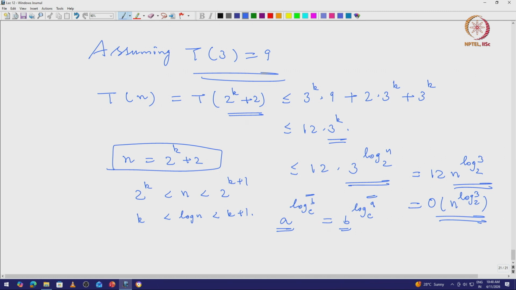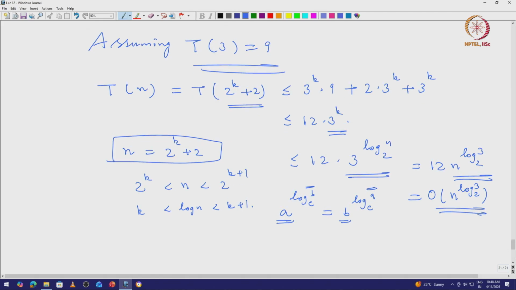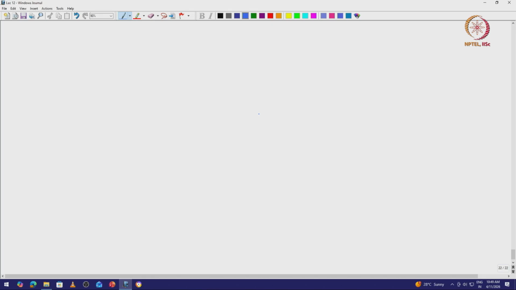Therefore, if you are wondering whether this is true, you can see that by checking. For example, why is a power log b to the base c the same as b power log a to the base c?